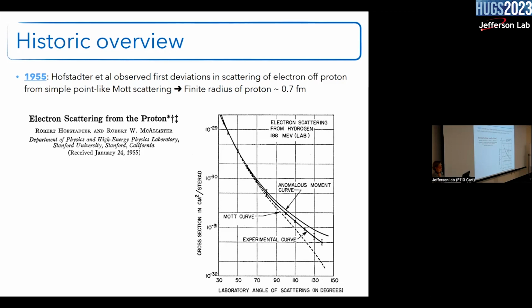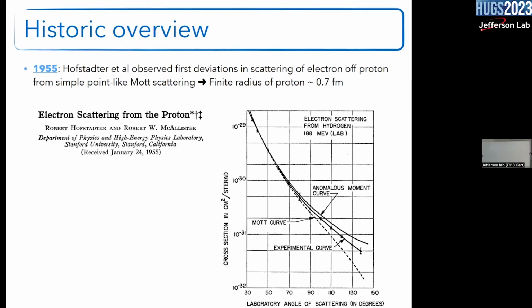But anyway, the historical overview, I think, is really a fascinating story about the proton structure. It was thanks to the collider we had at SLAC. In 1955, Hofstadter et al. observed the first deviation in the scattering of the electron off the proton from simple point-like Mott scattering.